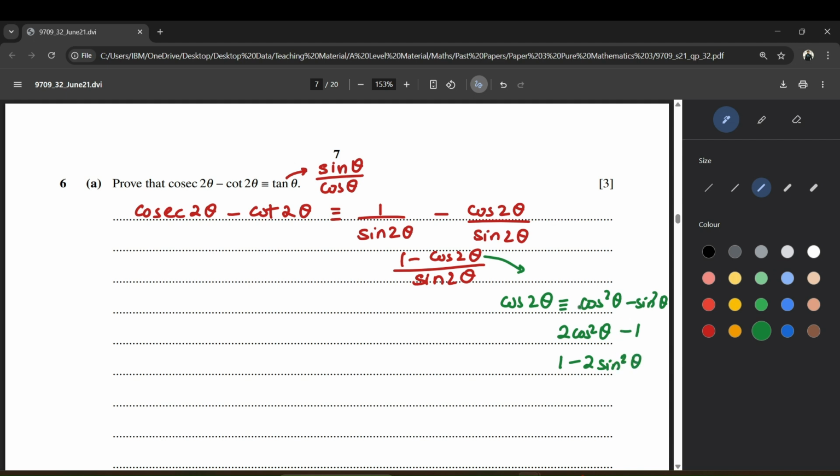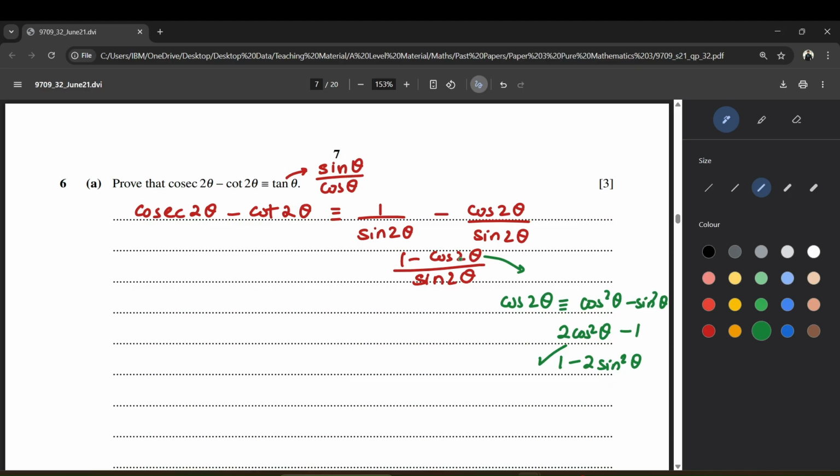Now how am I supposed to know which one is applicable in this case? Remember what we did earlier. We need to end up with sine 2 theta at the top, and we need to end up with cos theta at the bottom, right? So in this case, I'm going to use this one, because I don't want anything else in the numerator.